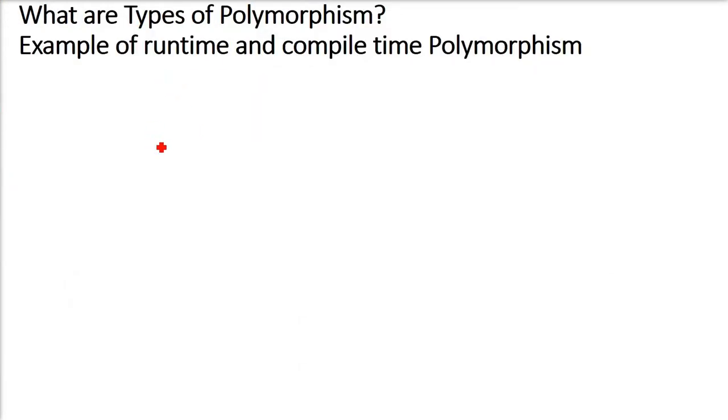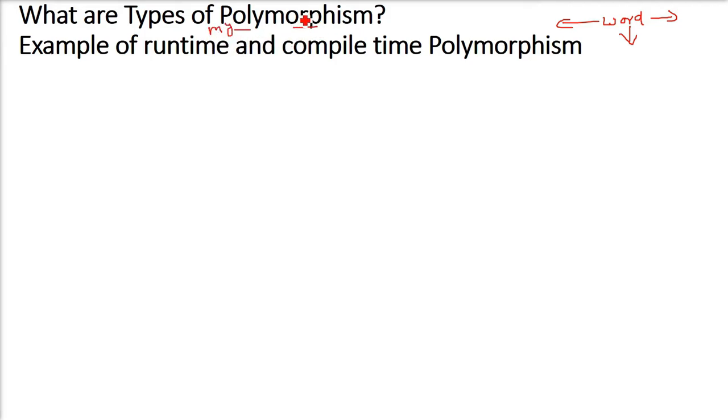What are types of polymorphism? Example of runtime and compile time polymorphism. First thing is, polymorphism is what? One face, different acting. That is, one word or one function performing different work depending upon the invocation or depending upon the calling or scenario.